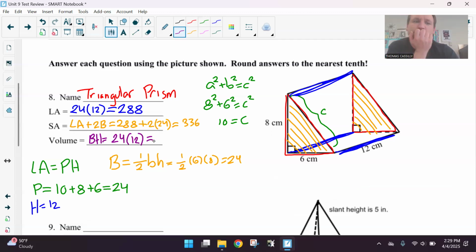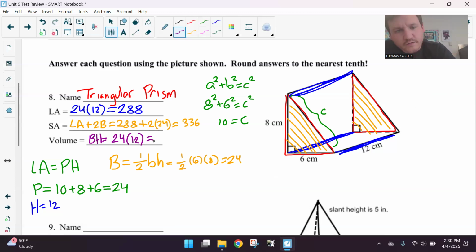24 times, wait a minute. Did I do something right? 6 times 8, divided by 2, is 24. 10 plus 6 plus 8. Wow, the volume and the lateral area are going to be the same thing in this problem. That's not good because half of you guys are going to ask me if that's true every time.